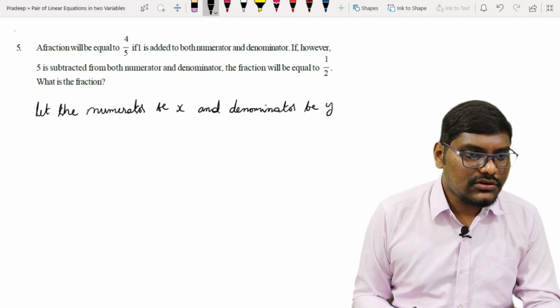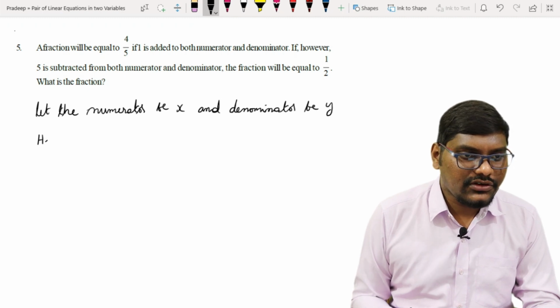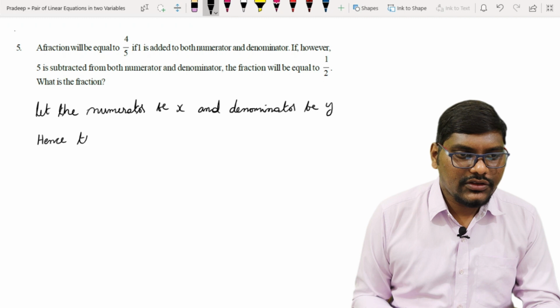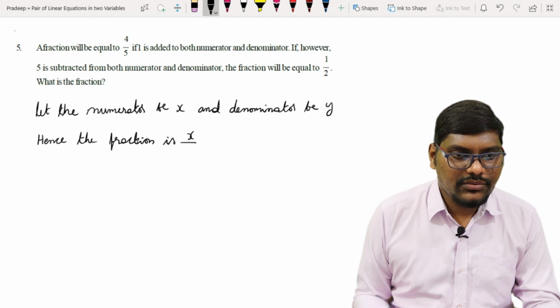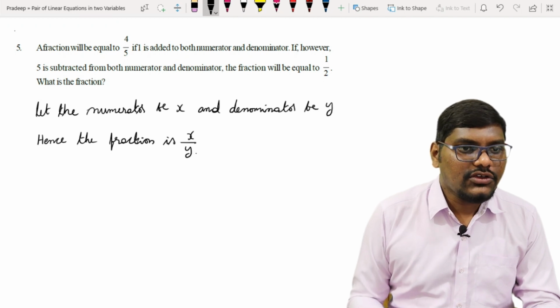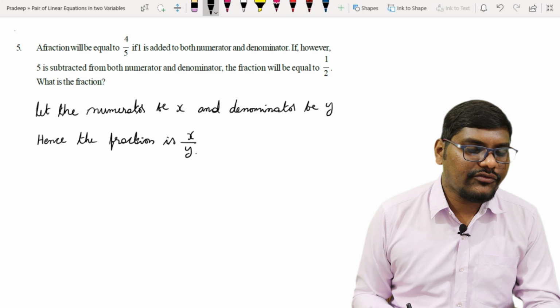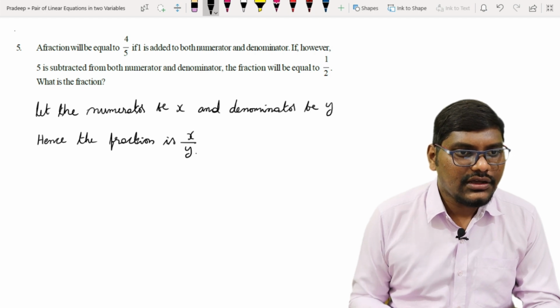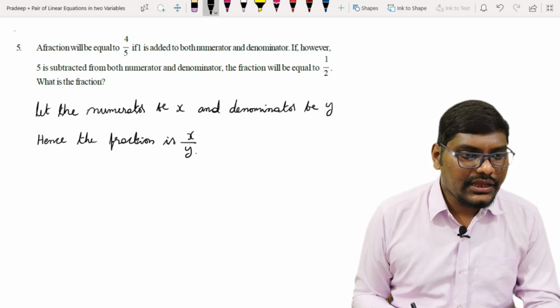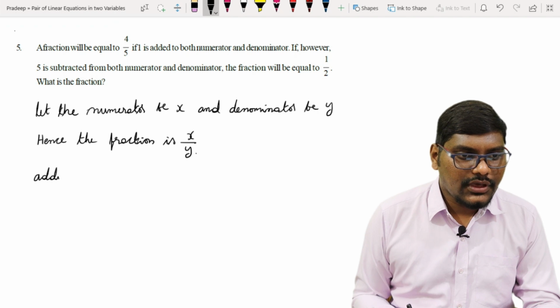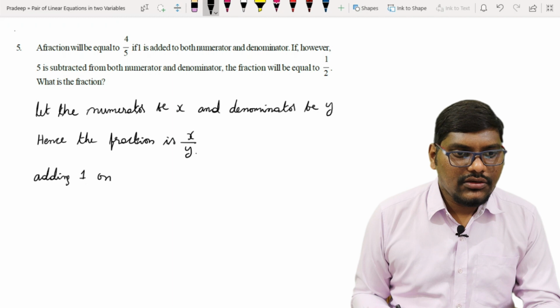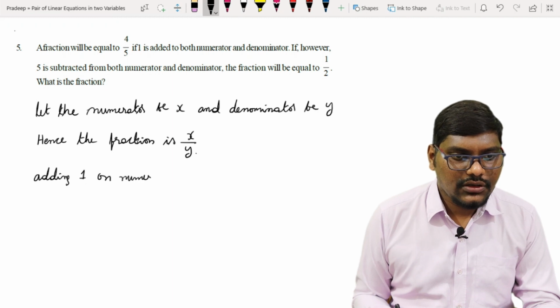So the fraction we'll be getting is x by y. This is a fraction. So the first condition, that is adding 1 to the numerator and denominator.